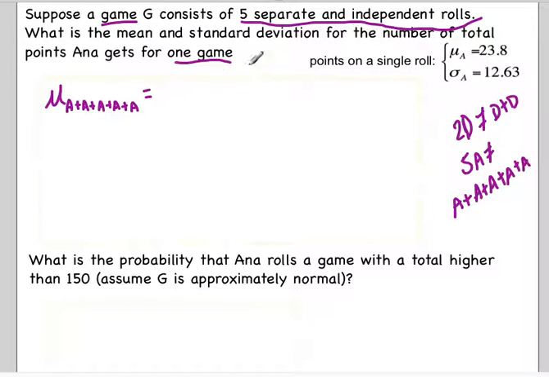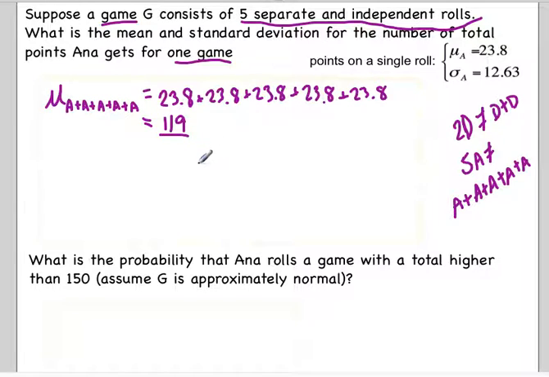So we would have to add up this 23.8 average plus 23.8 plus 23.8 plus 23.8 plus 23.8. And again, writing on this board is not easy to do, so sorry my handwriting is so bad. Adding all that up, you get 119. That would be her expected average number of points per game.